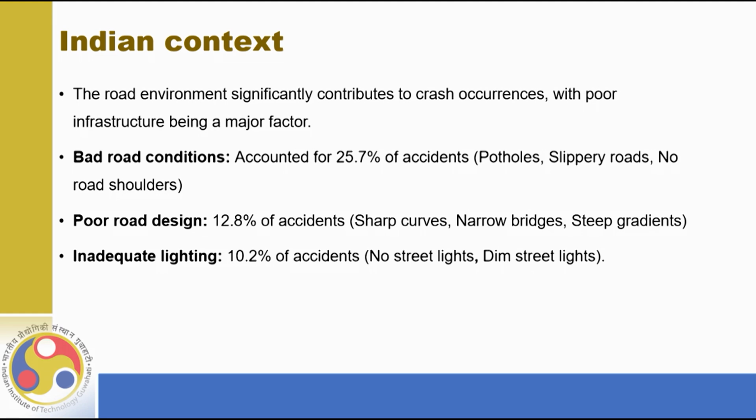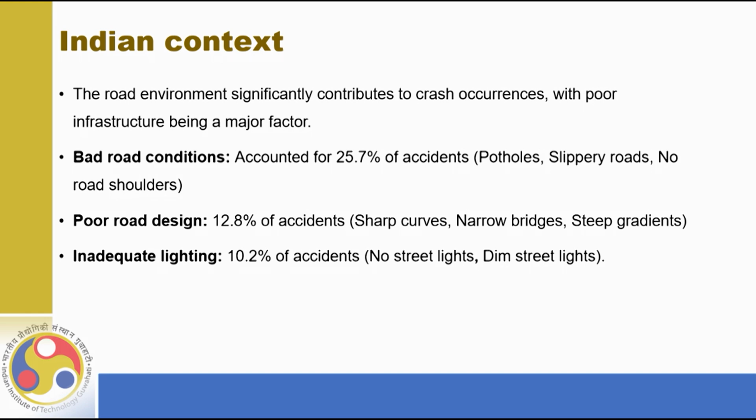Basically having potholes, slippery roads, or many a times the shoulder is not there, or the roadway shoulder is not properly maintained, or there is an abrupt reduction in the shoulder. Then poor road design is also one of the factors associated here, and that includes sharp curves, narrow bridges, and steep gradient.